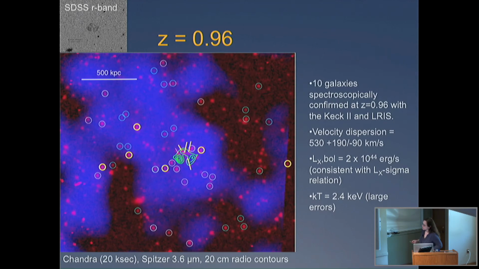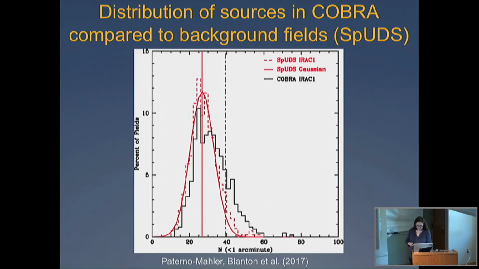So there's 10 that we have spectra for. The other ones are cluster members based on color. So we can measure a velocity dispersion. We can get an X-ray luminosity, which is about what we expect based on the optical observations. Okay, so this is a sort of a couple times 10 to the 44 ergs per second system.